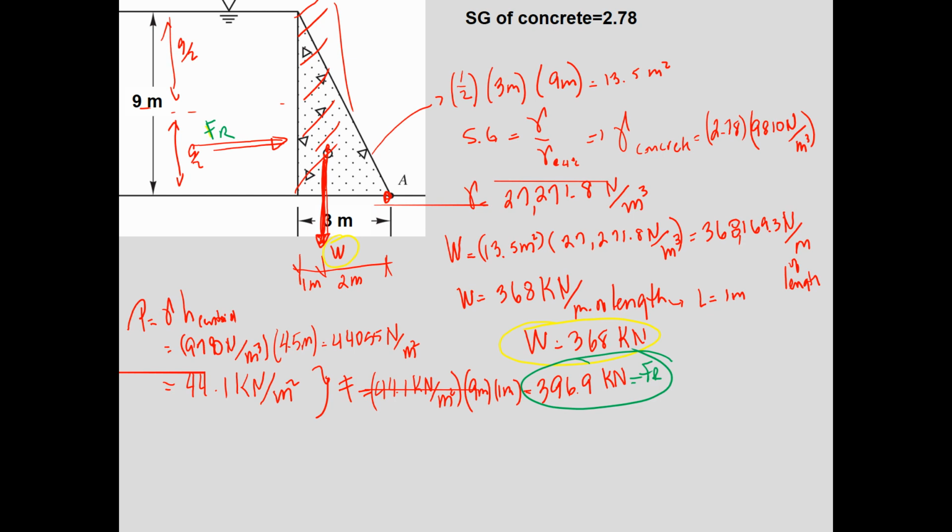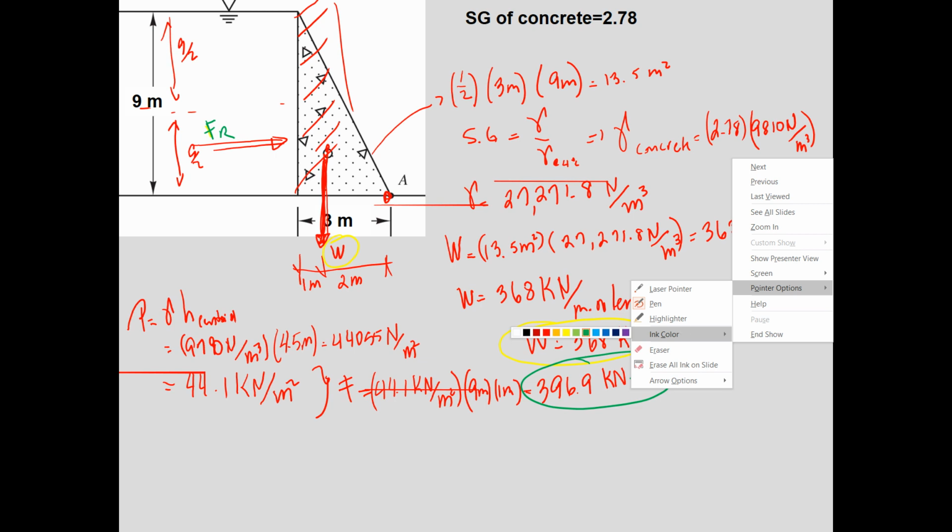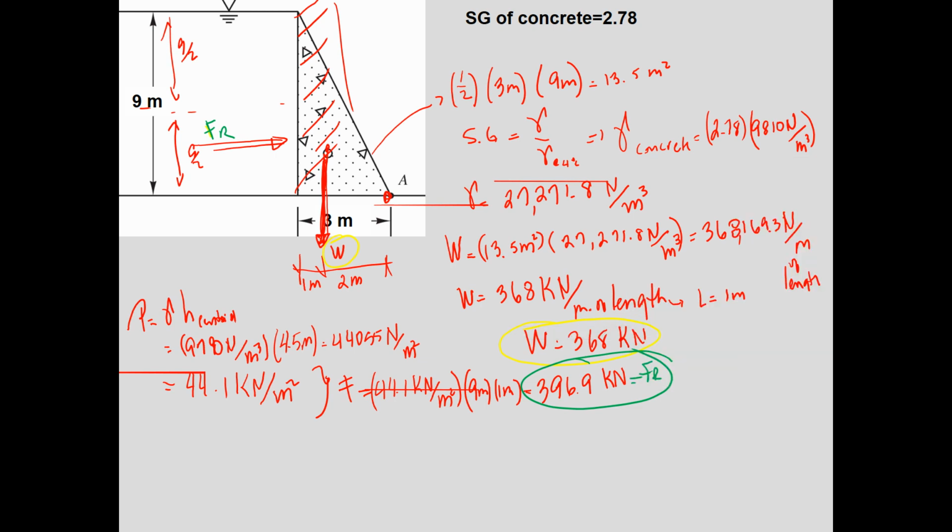So now I'm going to do the sum of the moments about point A, and this is now statics. I'm going to assume positive counterclockwise. When I look at the resultant force, it generates a clockwise moment. And if you need to stop this video and look at that, feel free to do so.